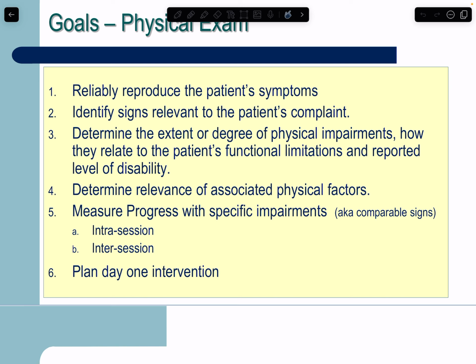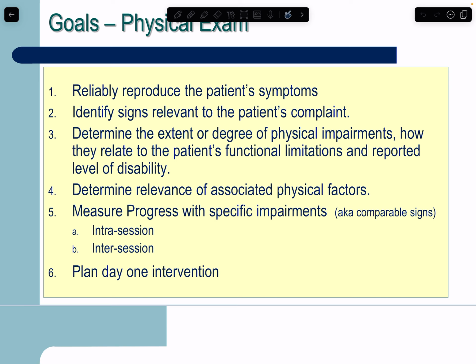And then when you understand the magnitude of the impairments, you should find also that that relates to the patient's disability. In that whole disability model, it really is a great way to connect the dots.